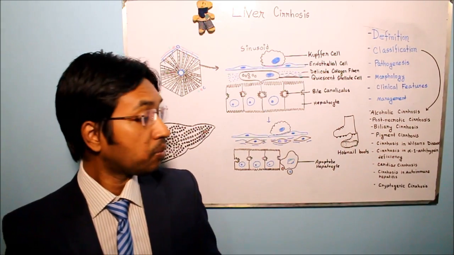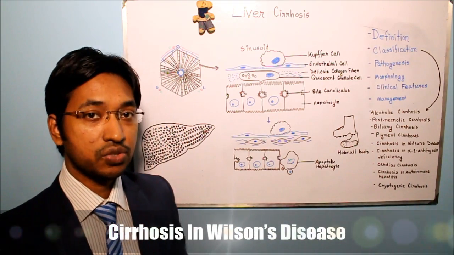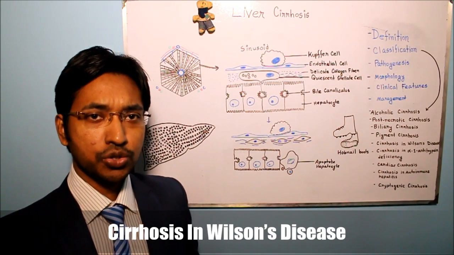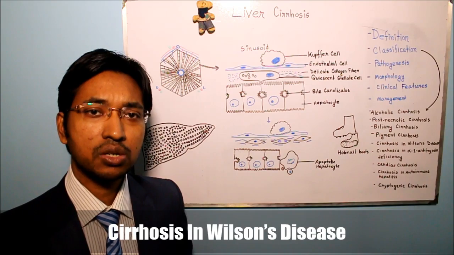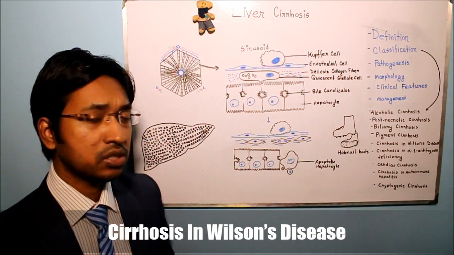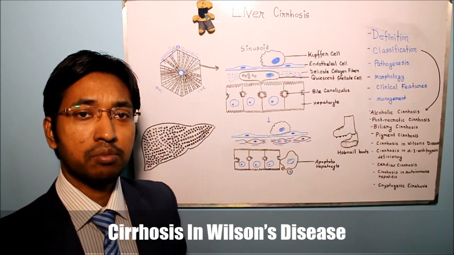Moving on to the next type of cirrhosis, and that was cirrhosis in Wilson's disease. Now, Wilson's disease is also known as hepatolenticular degeneration. In this type of disease, there is copper metabolism abnormality.